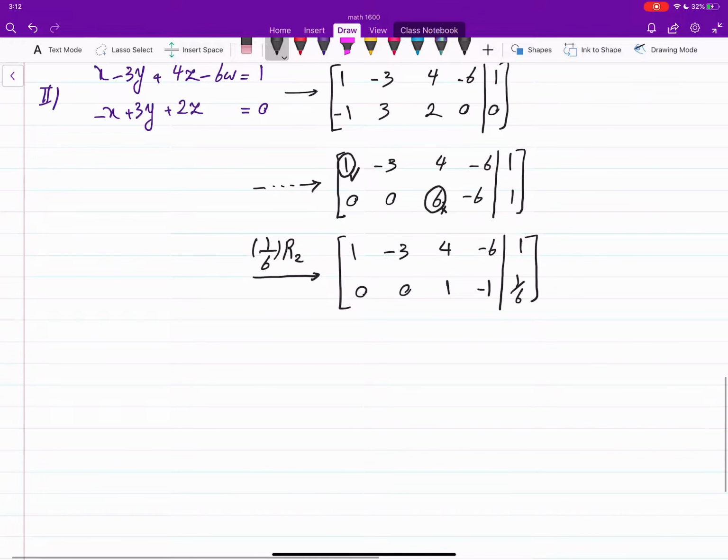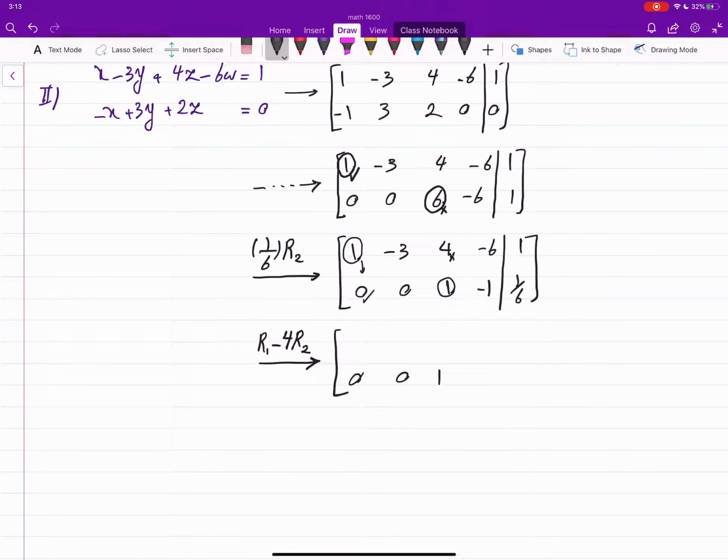Okay? Now, for this leading one, everything else in the column of this leading one should be 0. Oh, there is an entry in the column of that leading one which is not 0. So we have to turn it to 0 by replacing row 1 by row 1 minus the entry we want to make 0 times the row with the leading one.